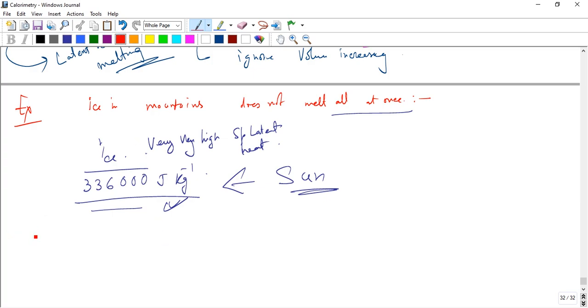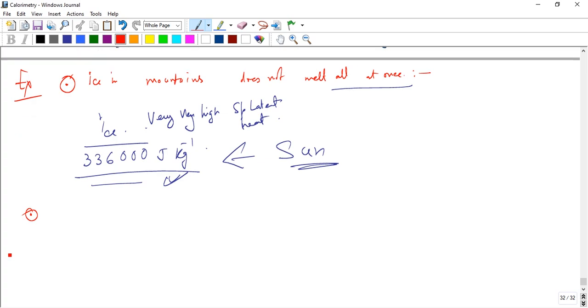Next, in cold countries, water in lakes and ponds does not freeze all at once. It is a similar concept, because the specific latent heat of fusion of ice is very high.